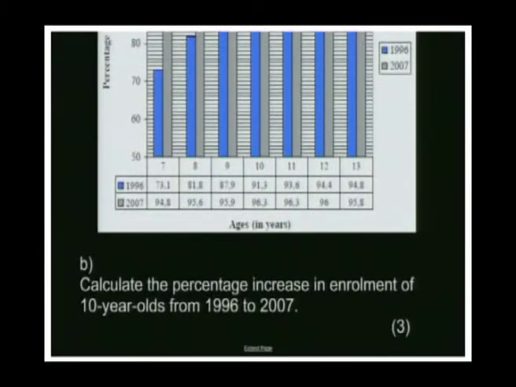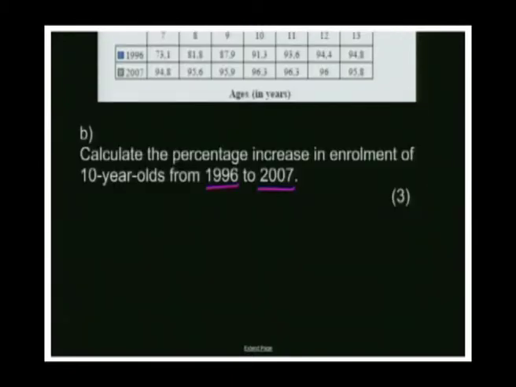Our next question asks us to calculate the percentage increase in the enrollment of 10-year-olds from 1996 to 2007. Now, a percentage increase is very difficult to calculate. We have to make sure that we get the right numbers in the right place.